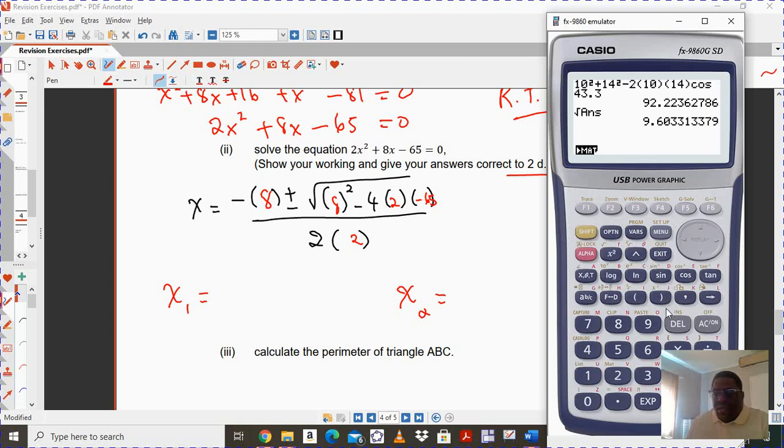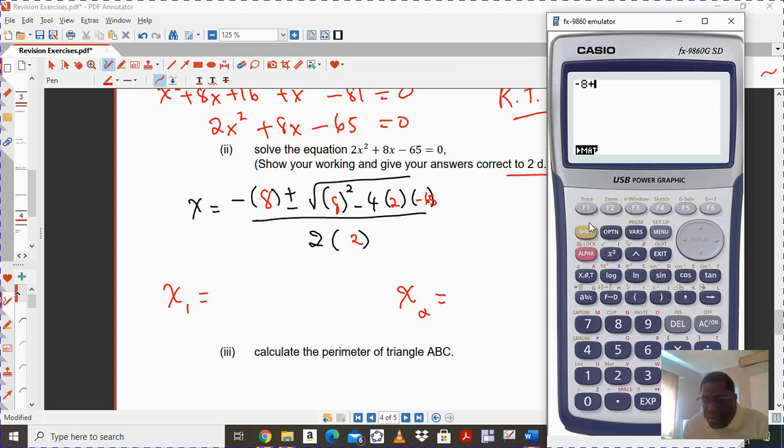So I'm going to just clear everything, and you have to be a bit careful once you are dealing with your calculator here. All right, so maybe you have to use the numerator first. So what I like to do, I'll say negative 8, and I'll say plus the root.